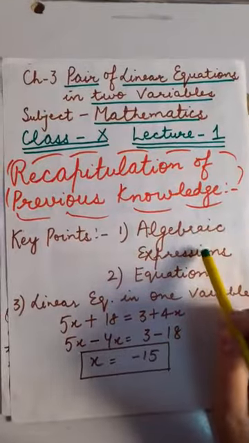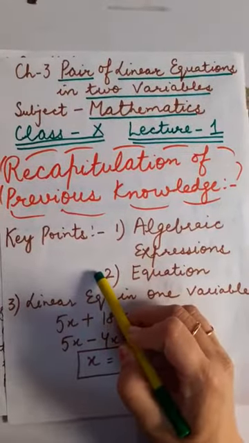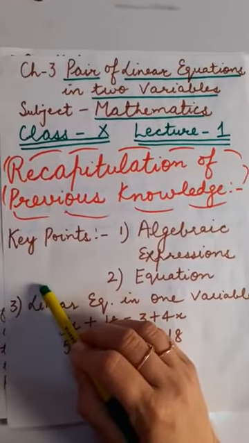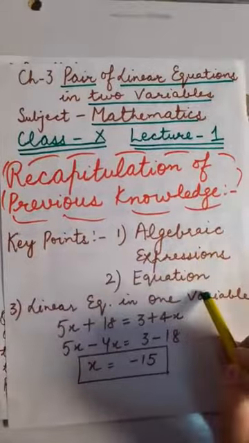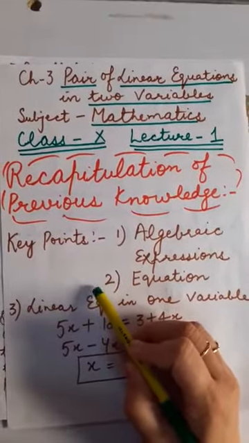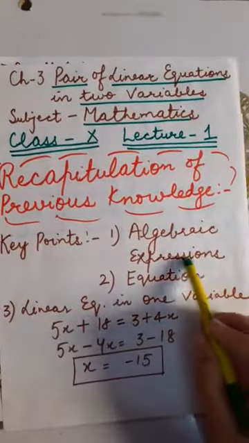When in any algebraic expression there is an equal to sign, with some expression written on LHS, that is left hand side, and another expression written on right hand side, and there is an equal to sign mandatory between both the expressions, then that will form an equation.